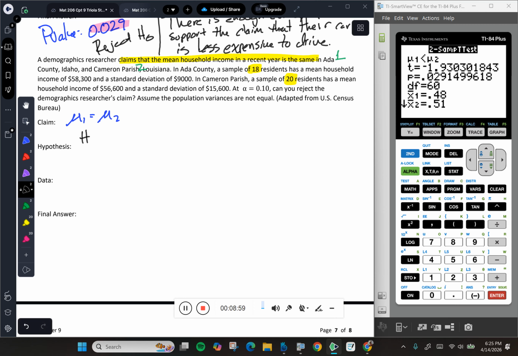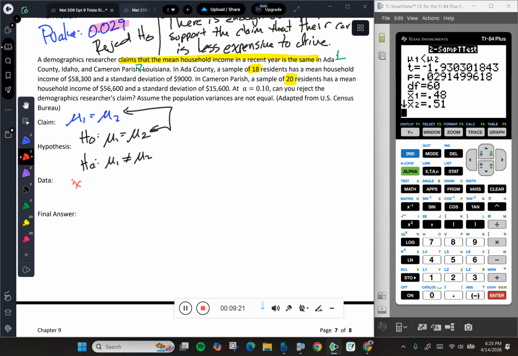As a pair of hypotheses, a null and an alternate, since our claim contains equality, it will be the null. Our alternate will be that they're not equal. Right? I've done enough of these now where I know what I need. I need data.